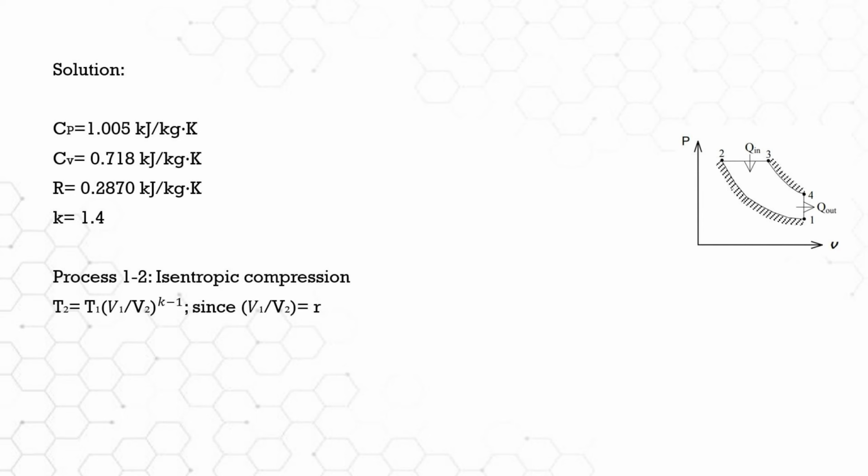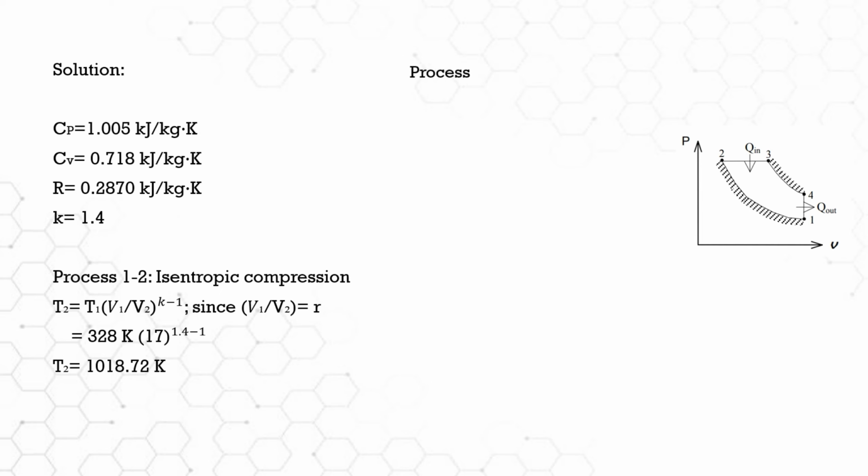Since our process 1 to 2 is isentropic compression, then volume at state 1 over volume at state 2 is equals to our compression ratio. So plug in the values, we have 328 Kelvin multiplied to 17 raised to the power of 1.4 minus 1 is equals to 1019 Kelvin as our temperature at state 2.